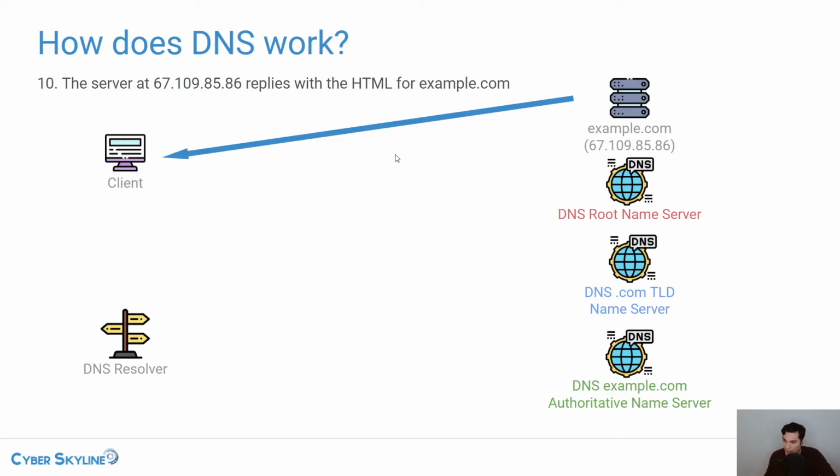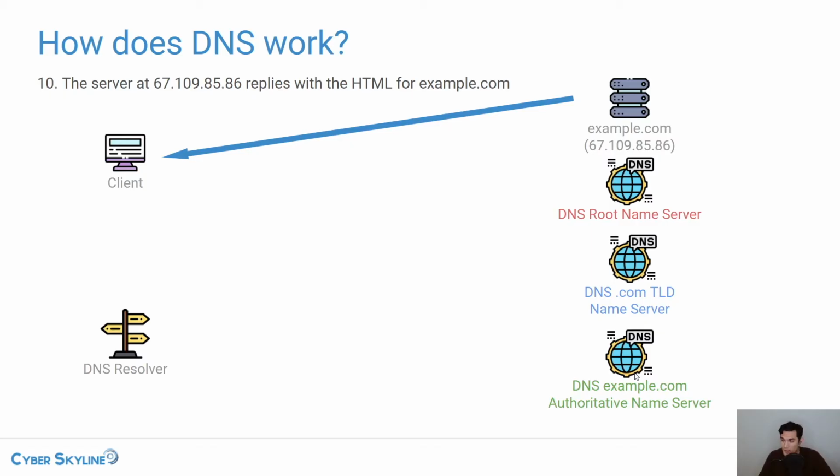Now, you're probably asking, if this .com TLD name server is giving the information about the example.com DNS server, why do we need to ask the example.com name server for the example.com IP address? Aren't these the same thing? And they can be, but typically they are not. The name server here is specifically responsible for responding to these DNS requests.